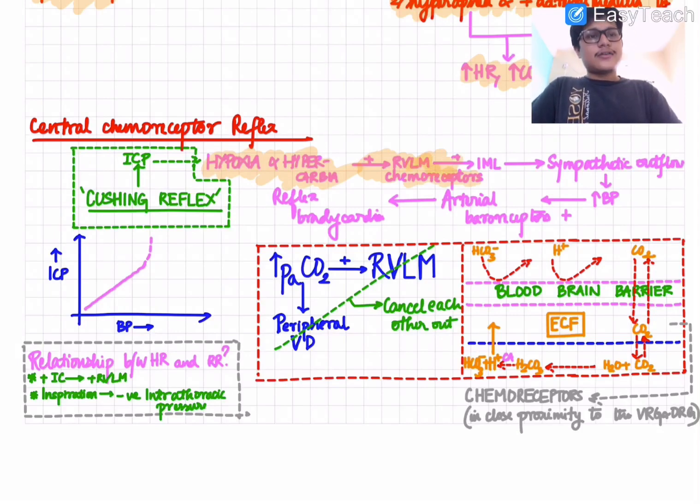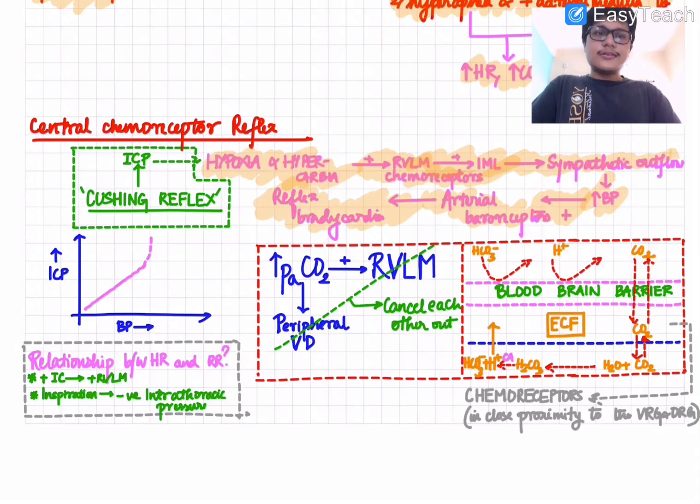Consequently, the RVLM will start to discharge. It will send an efferent glutaminergic supply to the IML, and the sympathetic outflow will increase, and this will increase the blood pressure. However, one thing needs to be kept in mind, that this increased blood pressure beyond a limit will stimulate the arterial baroreceptors, and hence there will be reflex bradycardia.